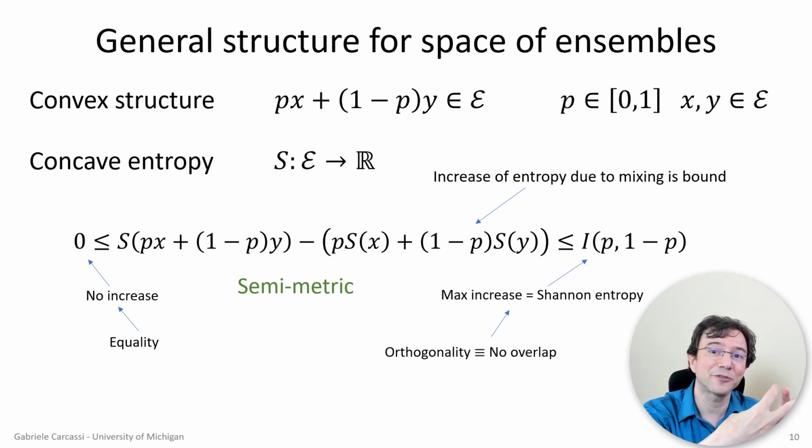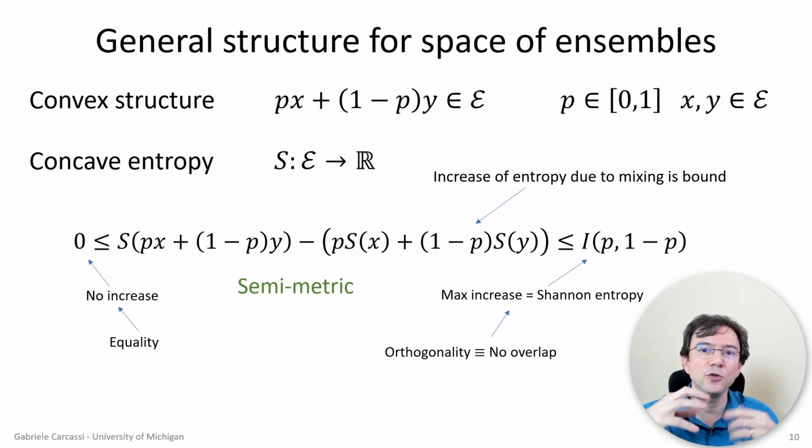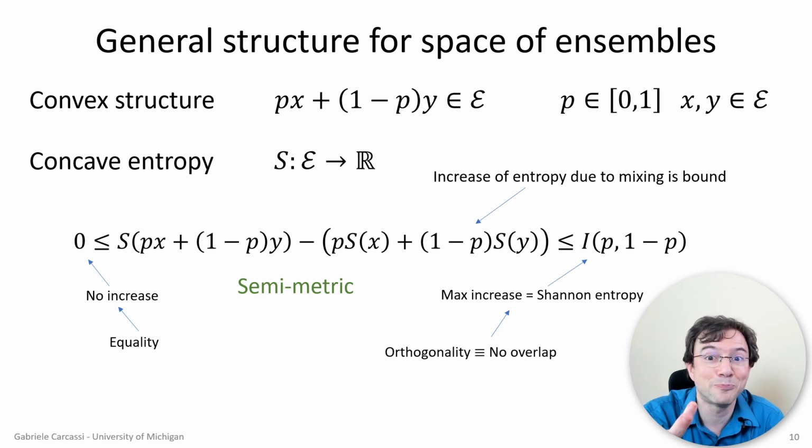I take 30% of the time this and 70% of the time the other. So when you put them together, you can always create a new ensemble from ensembles. From two preparations, you can always create another preparation. And this is given by a convex combination. So we have an ensemble, another ensemble, we select the probability with which you take one or the other, and you always get a new thing. And this is going to form what is called a convex structure on the space of ensembles.